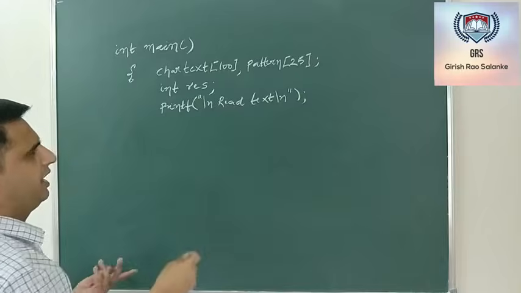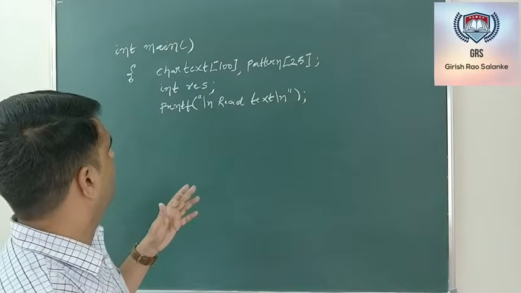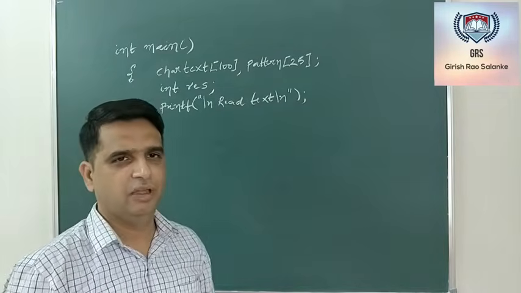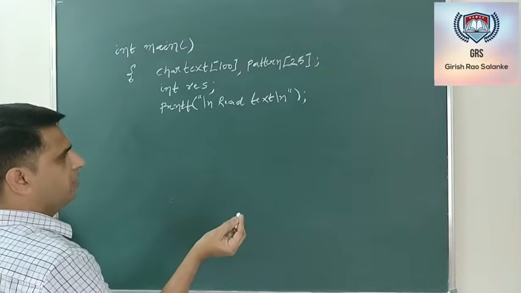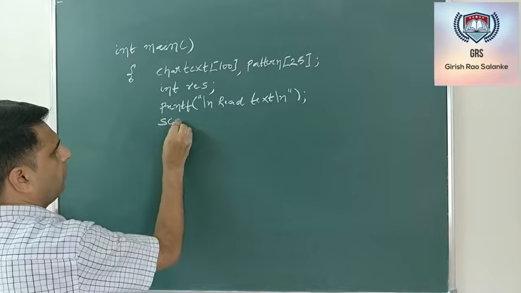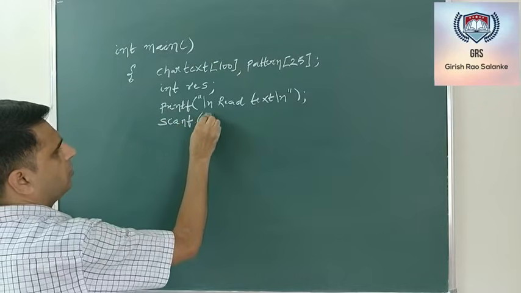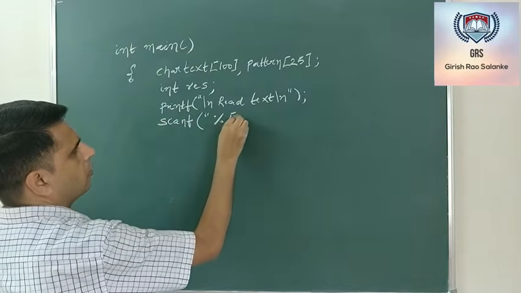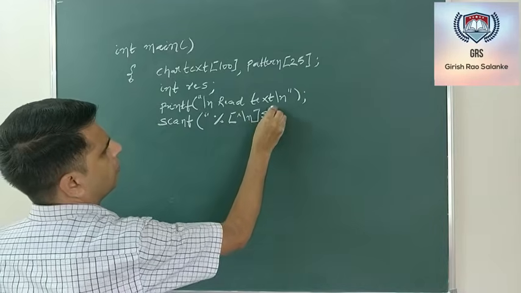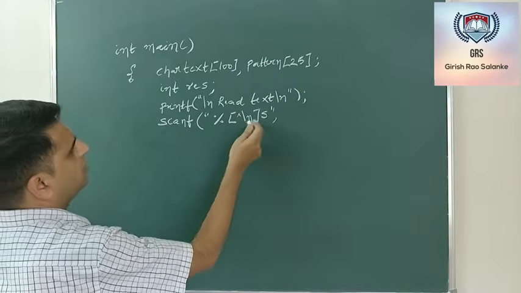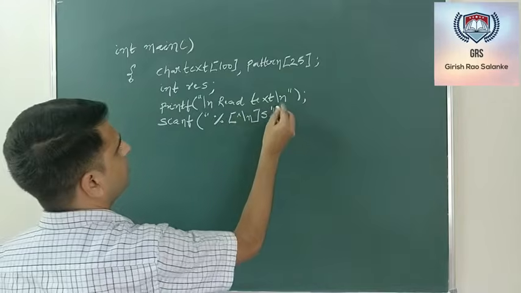Now you can use either gets, because if you just use a scanf with just %s, it will read only one word. So either you can use gets or you can use scanf also. But while using scanf, make sure that you are reading characters until a new line. So text.